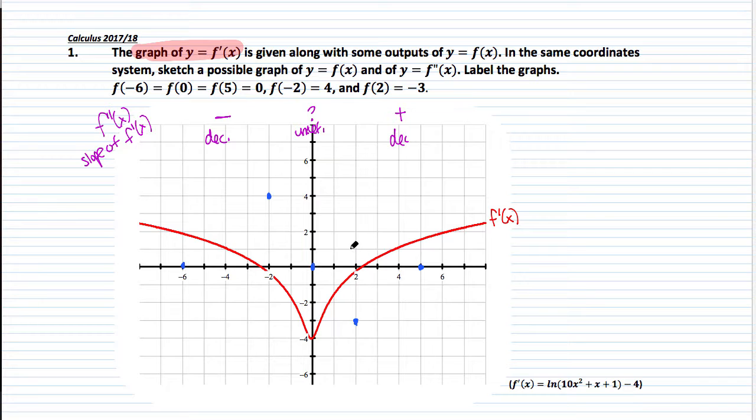So how does this translate to an actual graph? I want a graph of my second derivative that is negative and decreasing. I start negative; I can estimate the slope here is about negative 1/2 or negative 1/3. So I'll start about right here and decrease up until the point where it is undefined. It's kind of like a vertical asymptote.